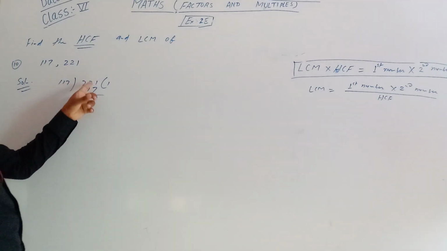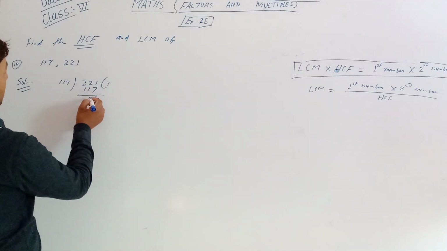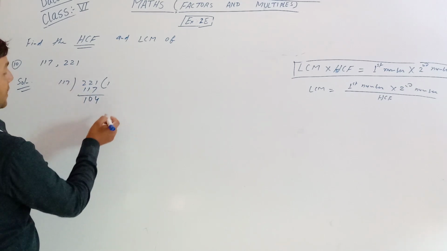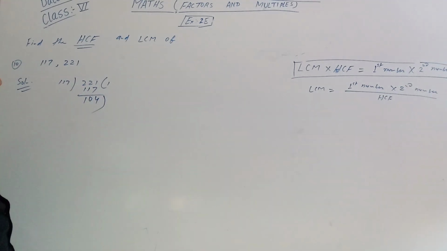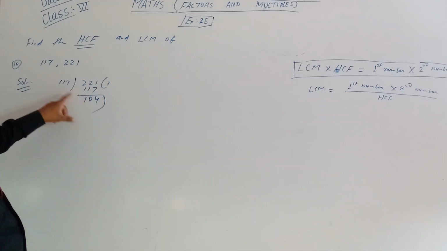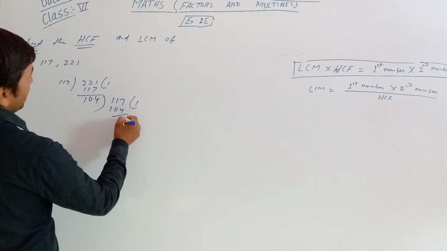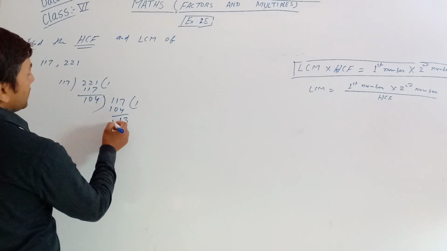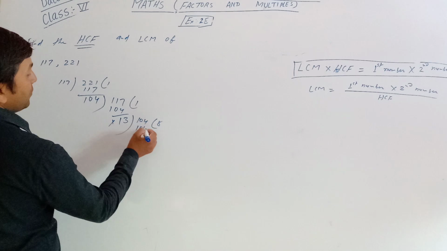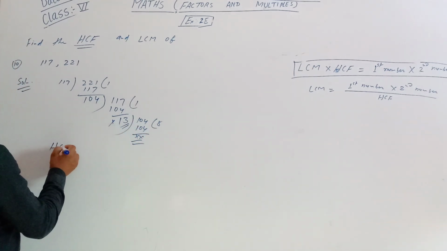11 minus 7 is 4, and 1 minus 1 is 0, and 2 minus 1 is 1, 104, and by this we will divide 117 also one time, and at last 8 times you will get 104. Okay, so HCF you got 13.